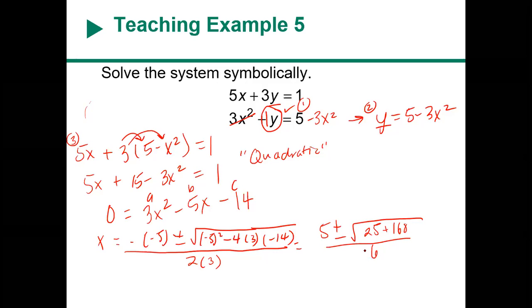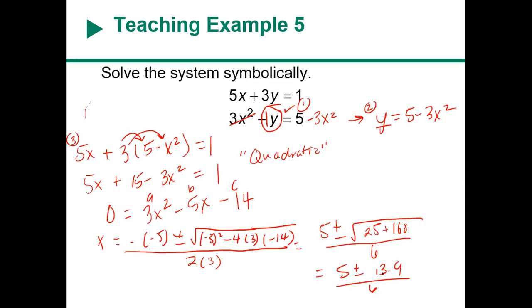Yes. So keep going. And we're going to take the square root of that. So the square root of 193 is 13.9. We have 5 plus or minus 13.9 over 6.